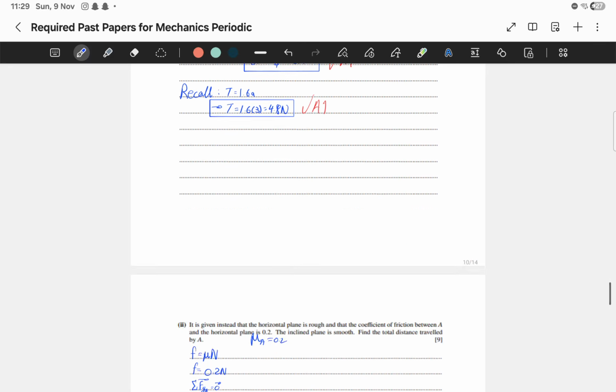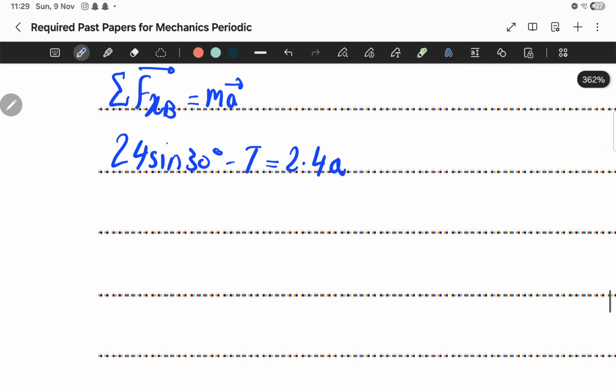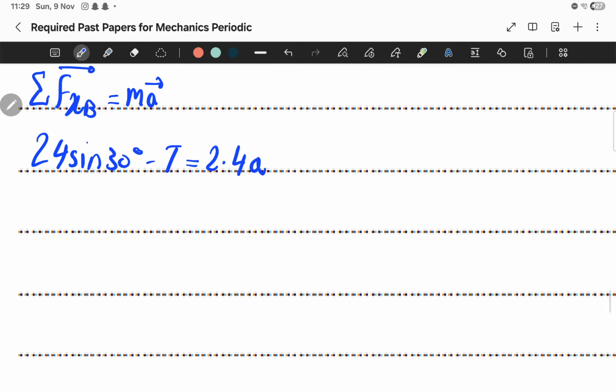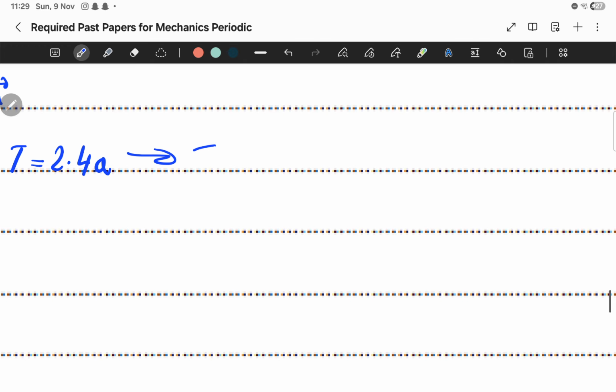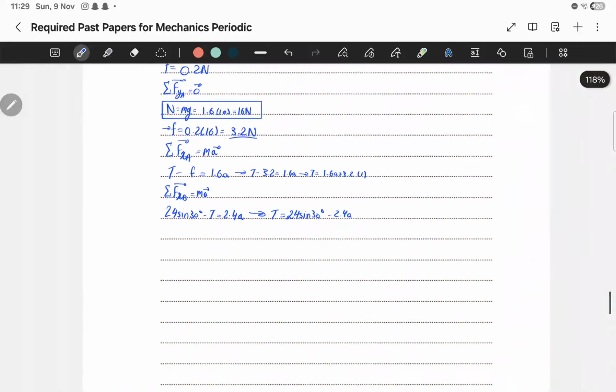So 24 sine 30 minus the tension is equal to 2.4 A. Tension is equal to 24 sine 30 minus 2.4 A. Okay, done. Now this is equation 2.